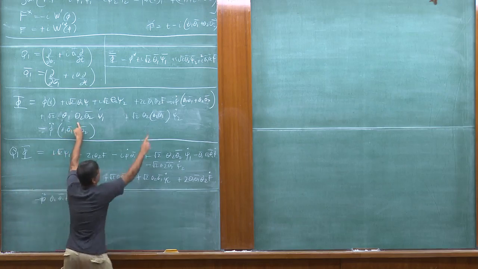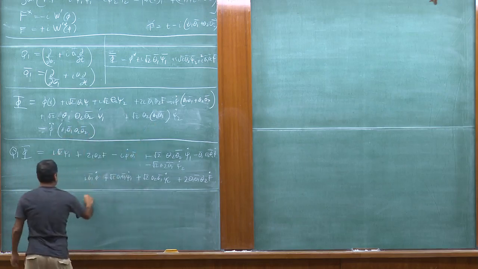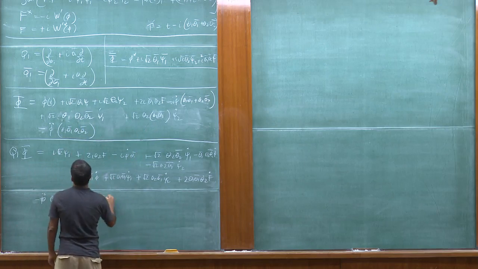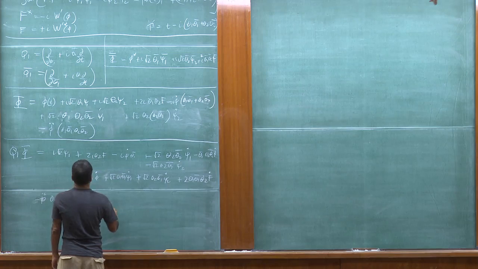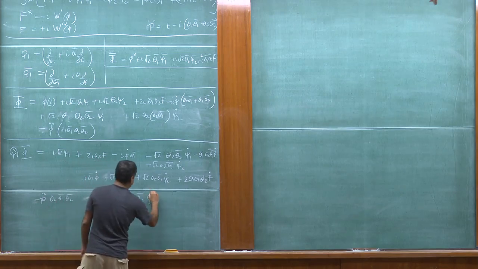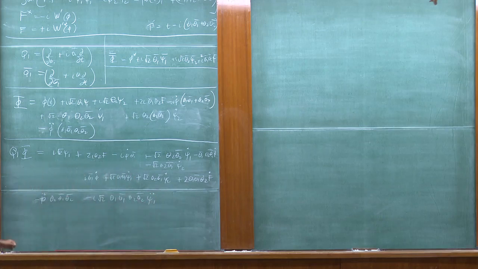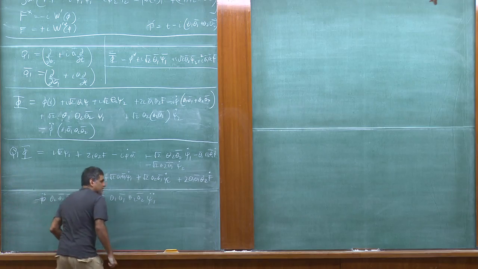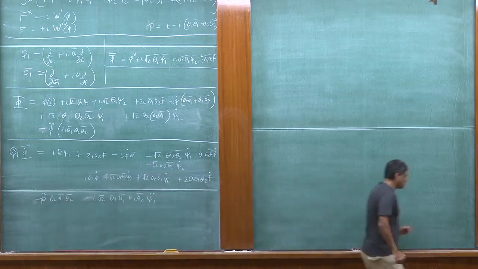Here I have something, here I don't, and here I don't. So the last term is plus square root 2, and now we want an I, minus I theta 1 bar theta 2 bar psi 1 double dot. Okay, great. It would have been nice if there was colored chalk here, but okay.